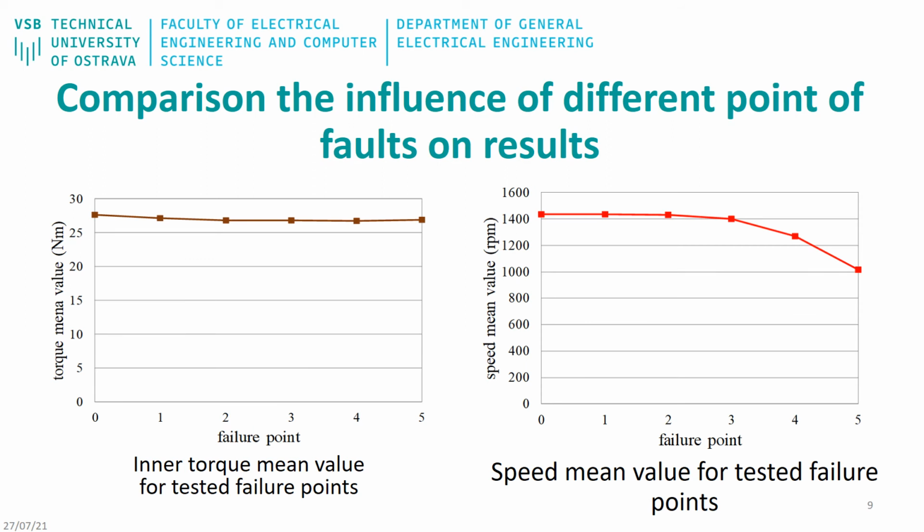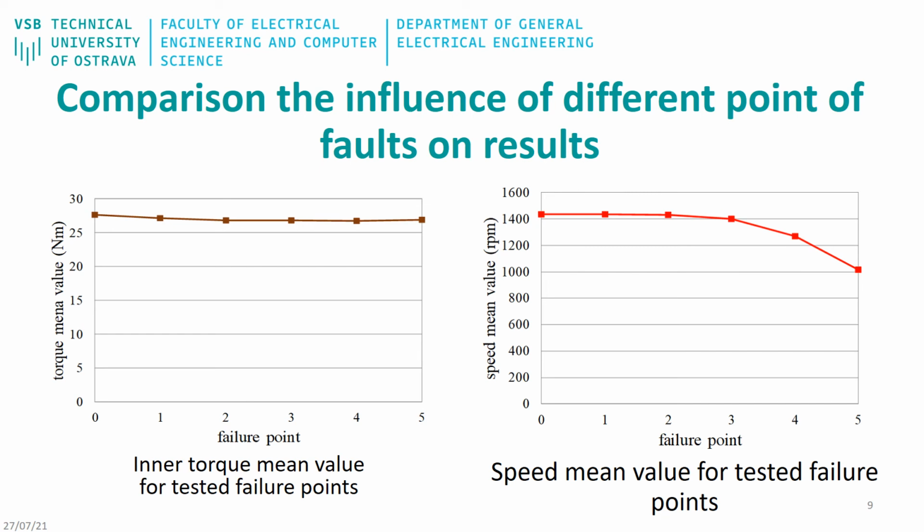The next comparison we made was also for inner torque and for speed. We can see that the influence on inner torque is very small, as torque is still constant. This situation is presented in the picture on the left side. Regarding speed, we can see that points 1, 2 and 3 do not have an essential influence on speed.